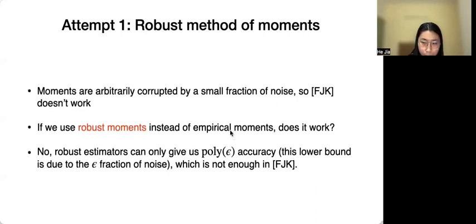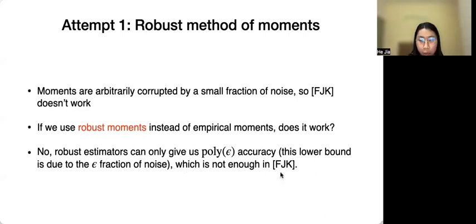This doesn't work either, because robust estimators can only give us a poly-epsilon accuracy. And this is a lower bound due to the epsilon fractional noise. We can never go beyond this epsilon error, and this accuracy is not enough in FJK.